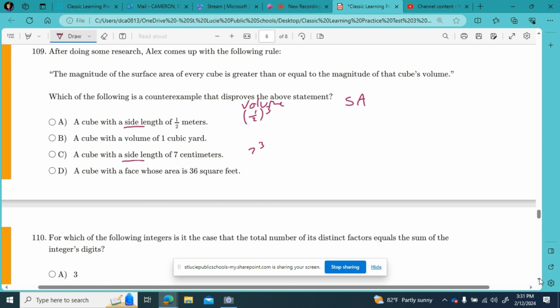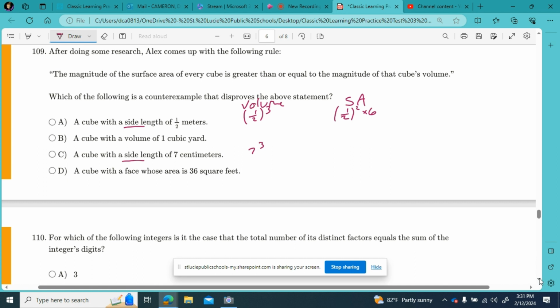And what's the surface area? You would take the side length, square it, and surface area of a cube is going to have 6 sides. So multiply it by 6.